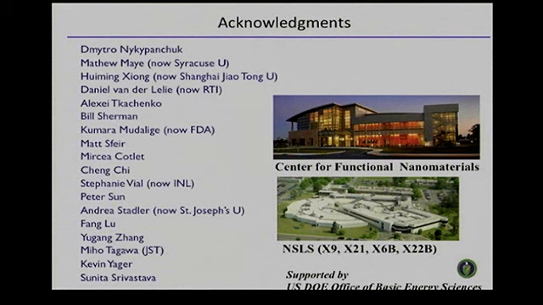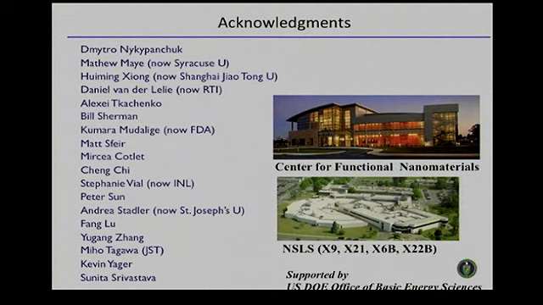Yu Gang Zhang, who has been working on heterogeneous structures and all this diversity of mix and match type of approaches. Miha Tagawa from Japan, who is a visiting scientist and who has been able to obtain this diamond type of structure which I showed, as well as Kevin Jager, who helps a lot in various small angle scattering analysis, and Sunita, who has been working on particles and two-dimensional surfaces.